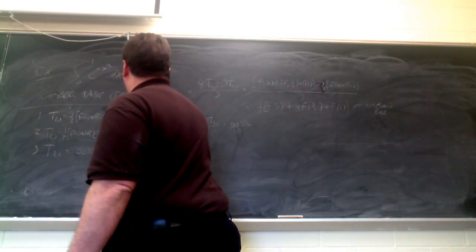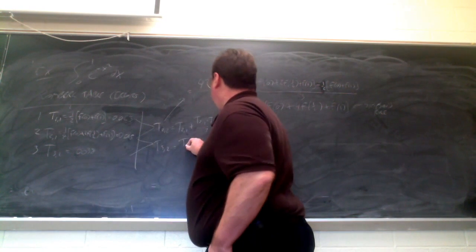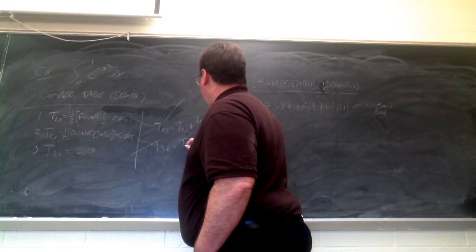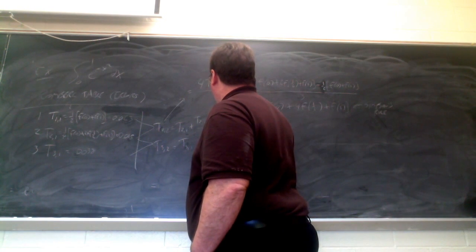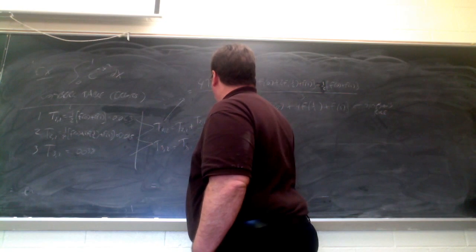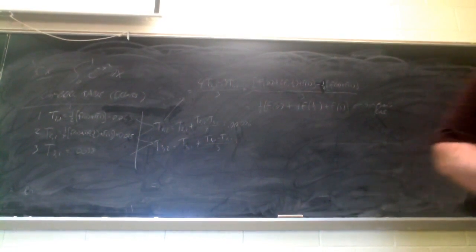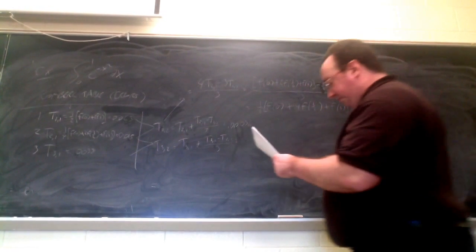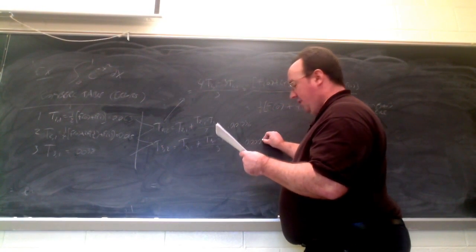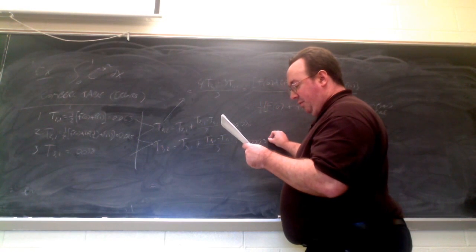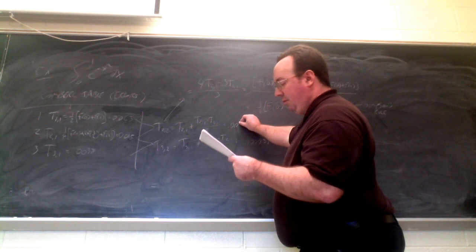Okay, so then we extrapolate between these two to get T32, which is T31 plus T31 minus T21 all over 3. And the error in that approximation is 0.00031. Oh, I'm sorry, I goofed in this one.